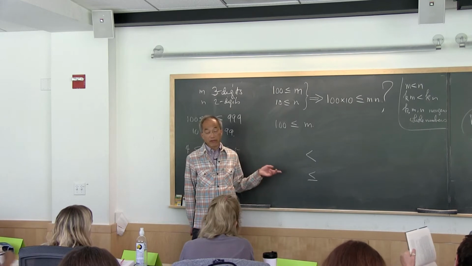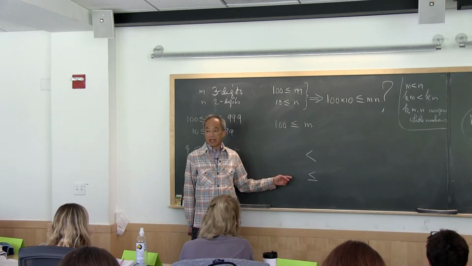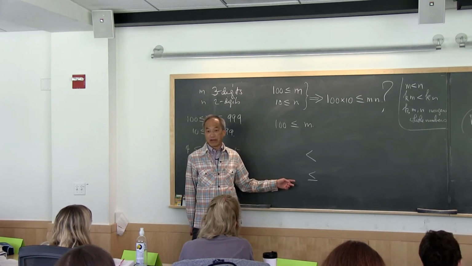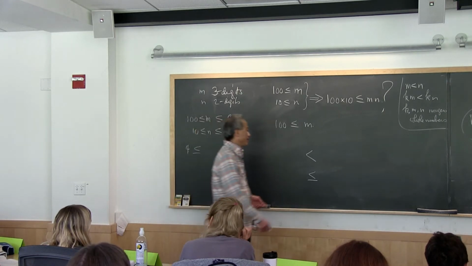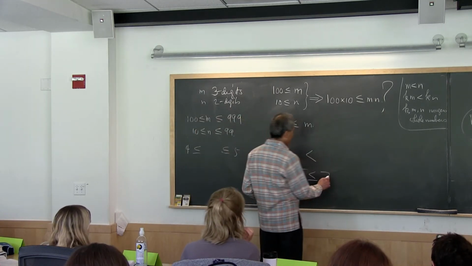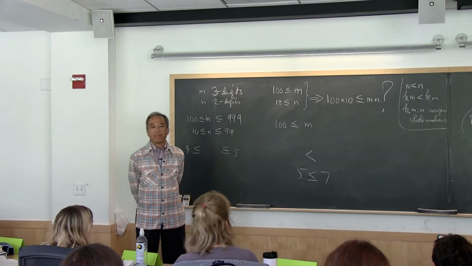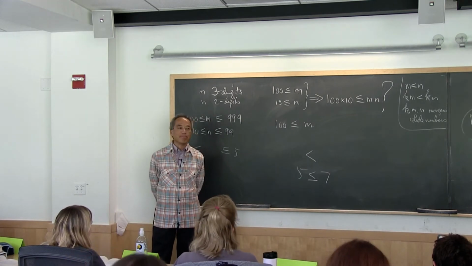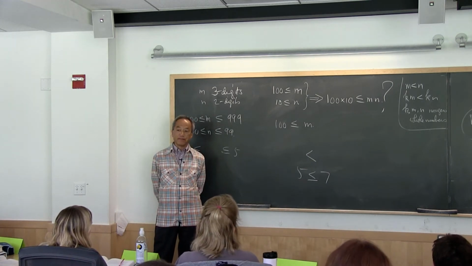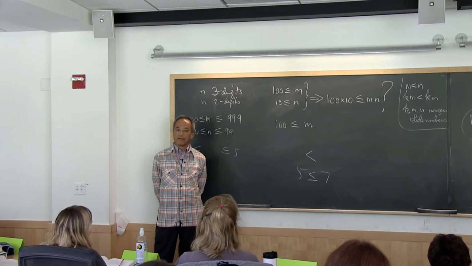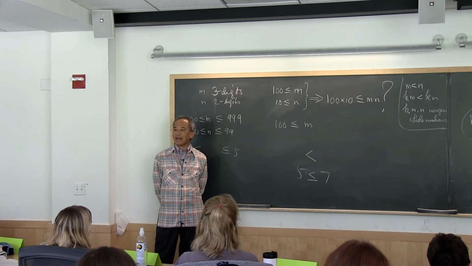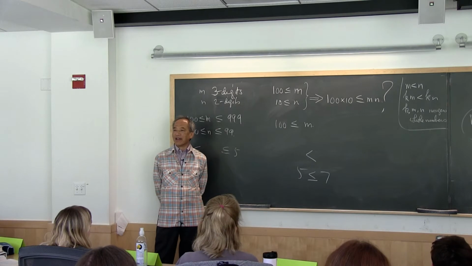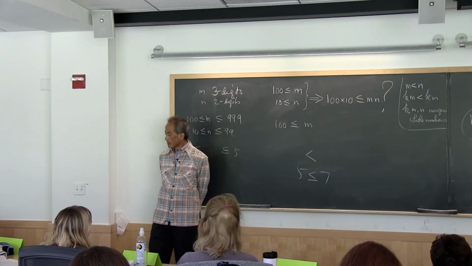Now you be careful. This symbol, all right. Do you object to this? Is that okay? Sure. Don't think it's good, huh? No. Why do you think it's not good?